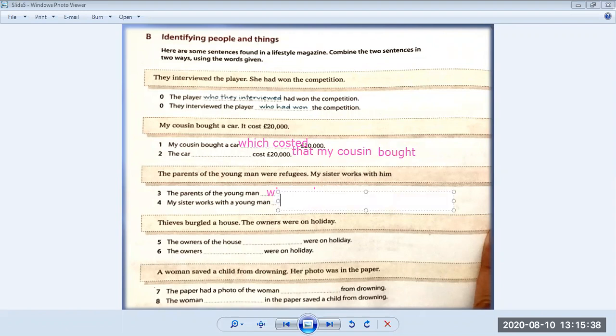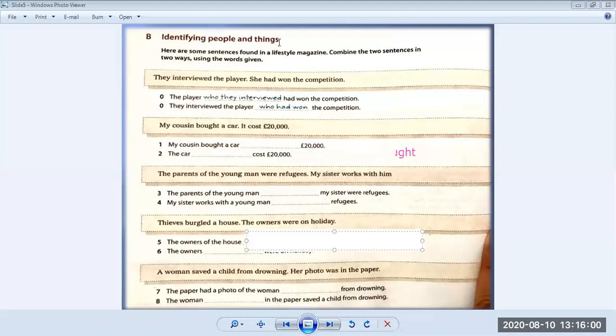Okay, so here: thieves burgled a house. The owners were on holiday. The owners of the house were on holiday.